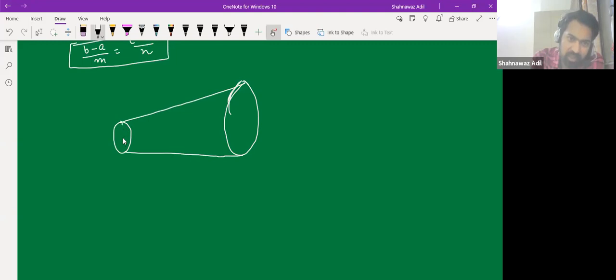From here to here, this is, let's say, A, and from here to here, this is B, and the length of the frustum is, let's say, L. So we have to find out the resistance of this wire. Is this question clear?